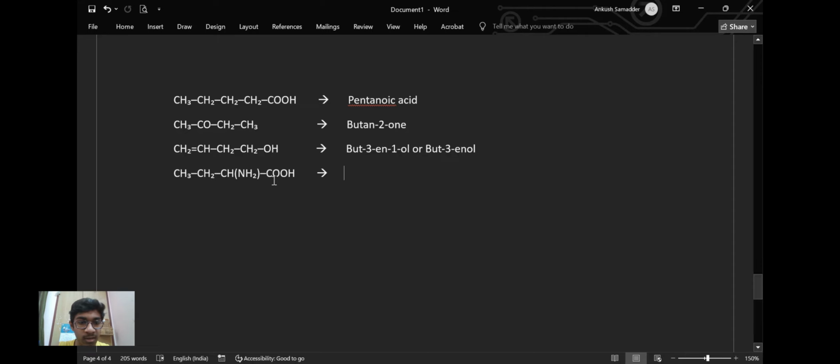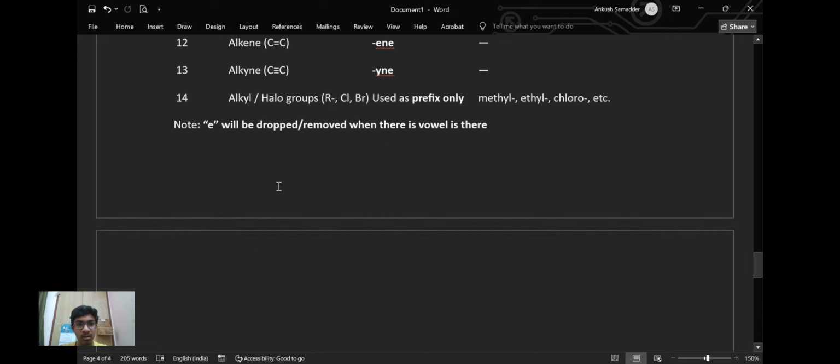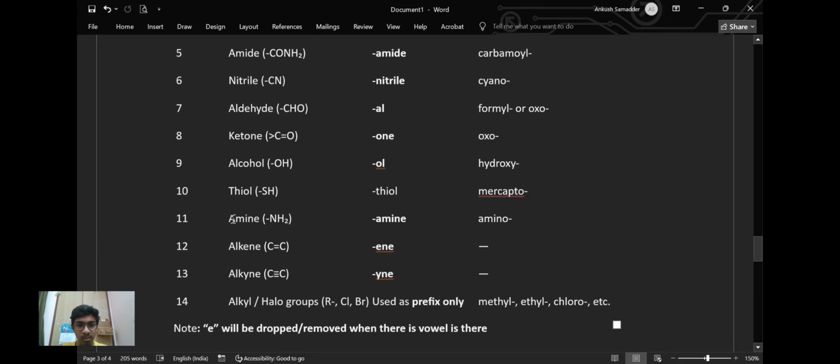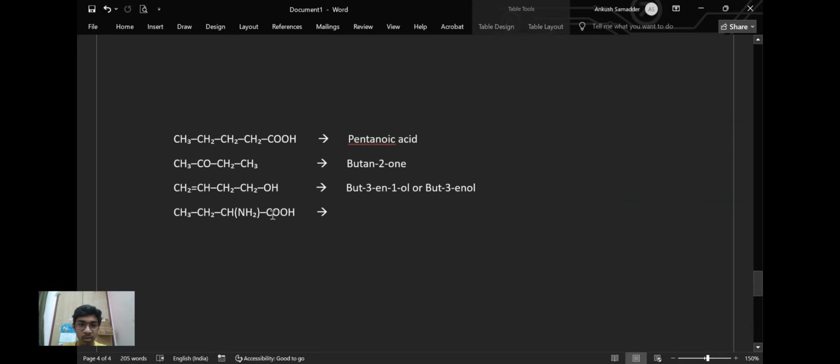If we write this amine functional group as the prefix, it will sound better. When the amine group is written as a prefix, it will be amino. From right to left we will count because COOH has the highest priority. So one, two, three, four. So first of all, we'll write the amine functional group.